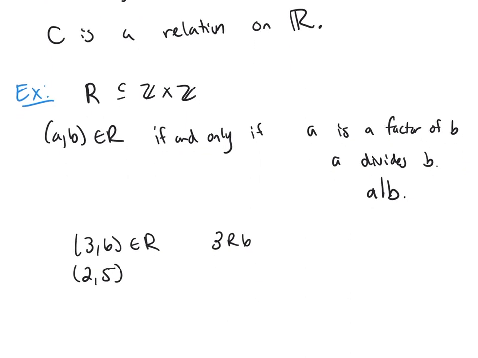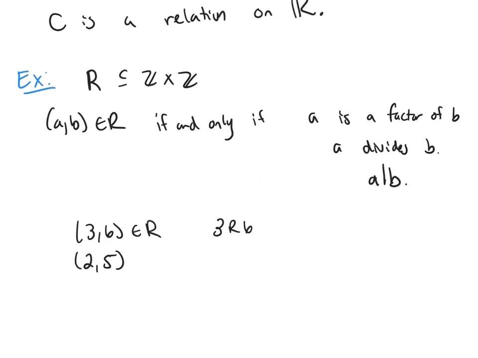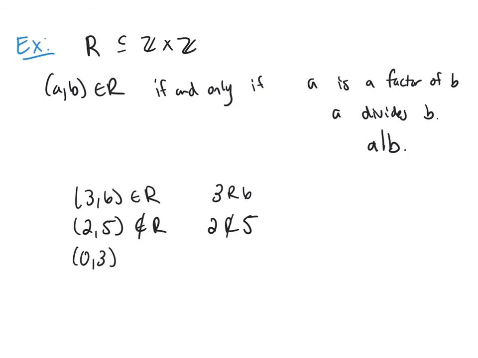Is (2, 5) in my relation? 2 does not divide 5, so it's not in my relation. 2 is not related to 5. What about (0, 3)? Well, this would be 0 divides 3. You can't divide by 0, so this is also not in R.